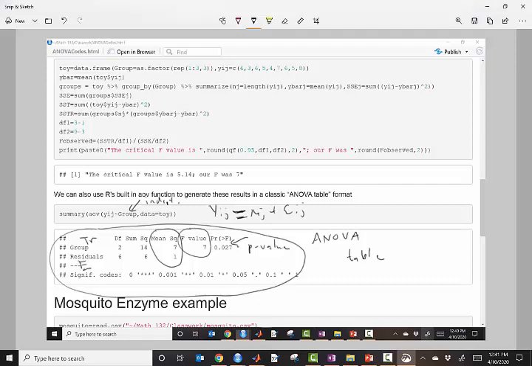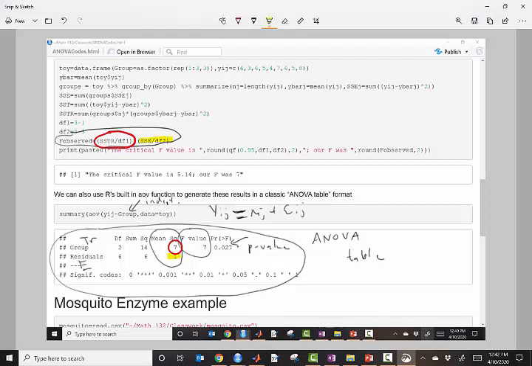So in our F statistic up here, the numerator, the SSTR over DF1, corresponds to the 7 down here, and the denominator corresponds to this 1.